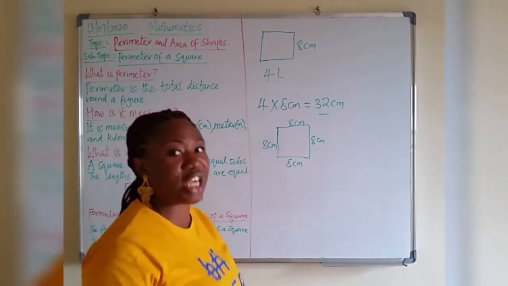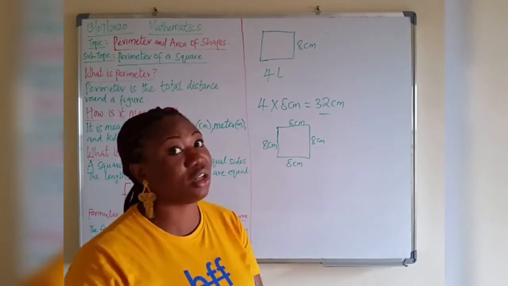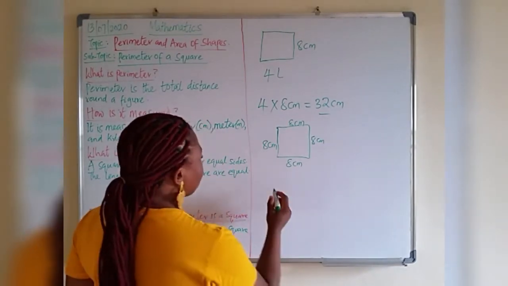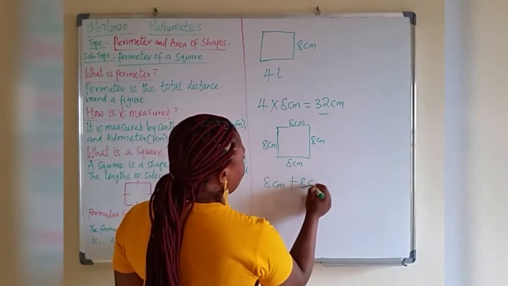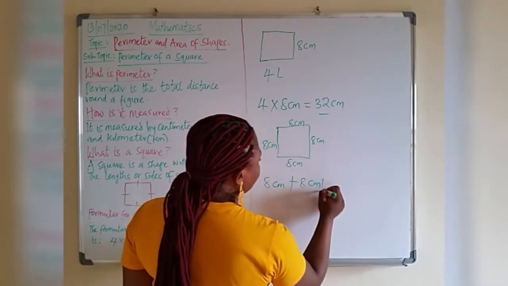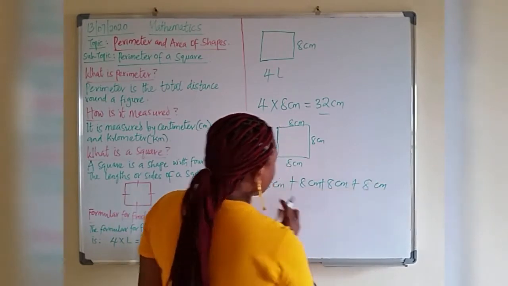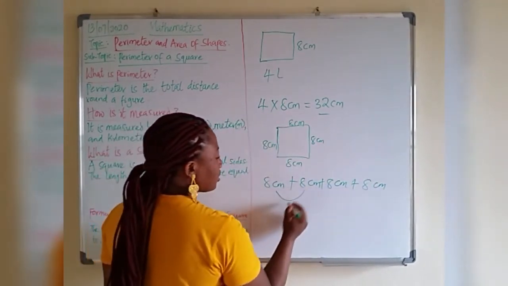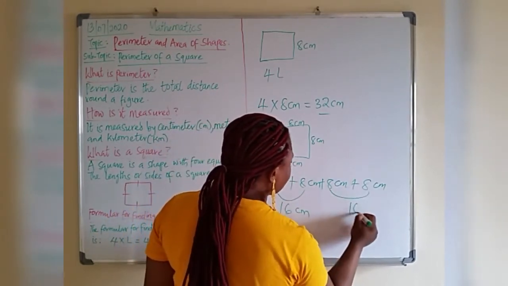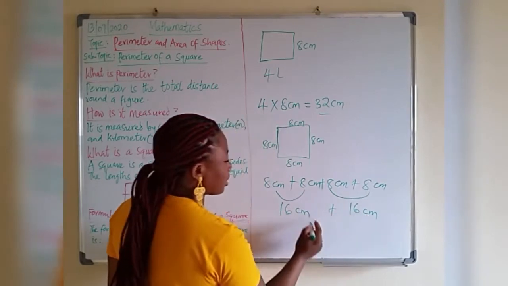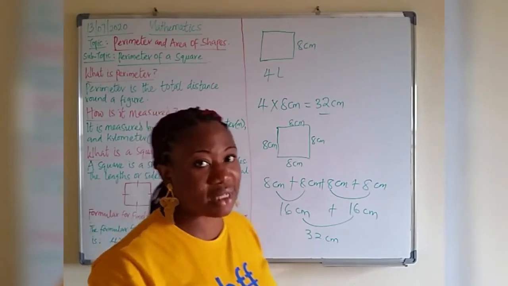Now, if you want to choose the addition method, and that is actually the long method, you can say 8 centimeters plus 8 centimeters plus 8 centimeters plus 8 centimeters. Now, 8 plus 8 will give us what? 16 centimeters. 8 plus 8 will give us what? 16 centimeters. So 16 plus 16 centimeters is equal to what? 32 centimeters. Quite easily done.